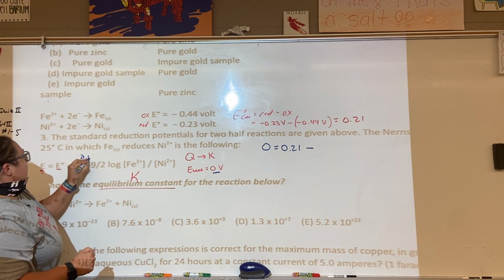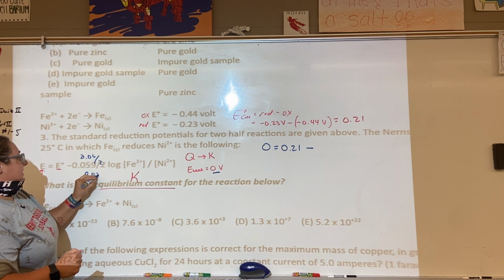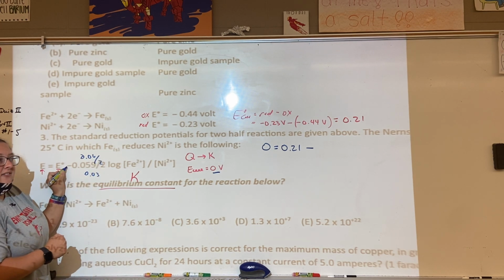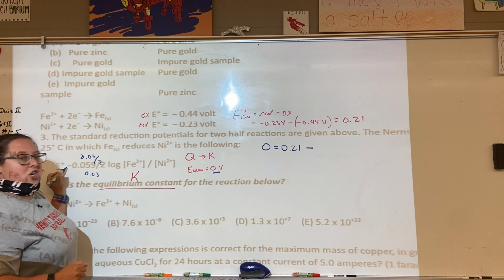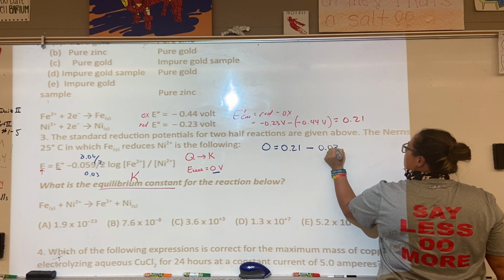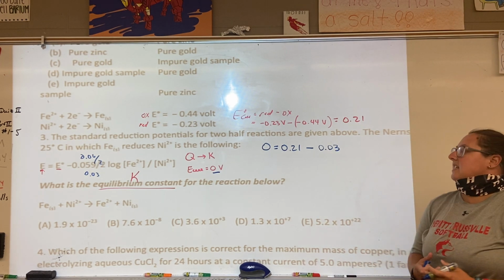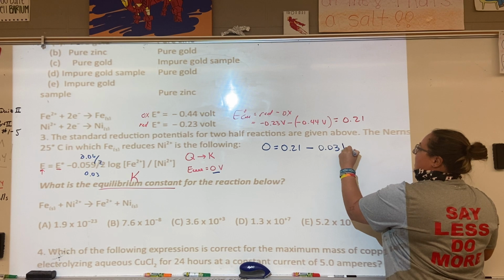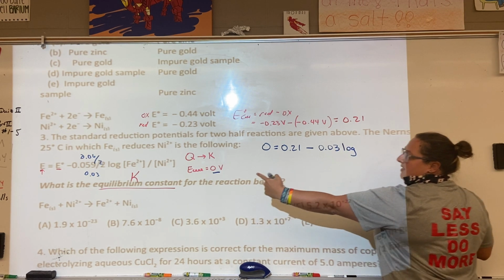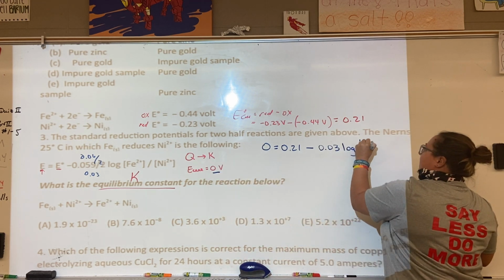And 0.06 divided by 2 is equal to 0.03. Remember, this negative sign is right there because it's subtracting. So it's minus 0.03, all right? And all I did was condense that to make my mental math easier. And now we have log. Remember, instead of using this expression, which is Q, we just call that K.